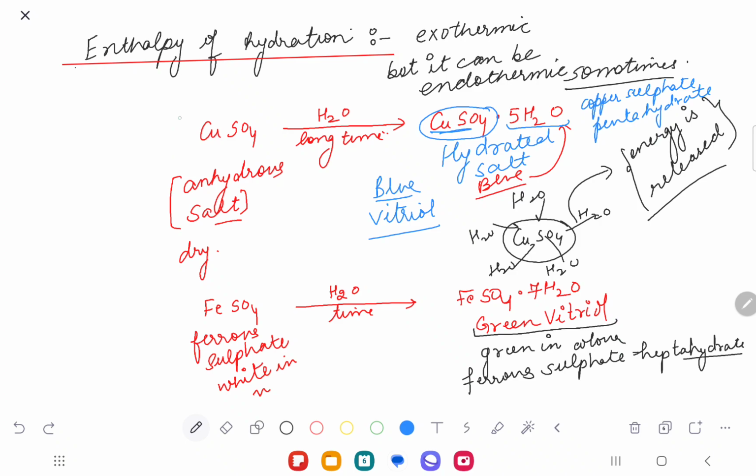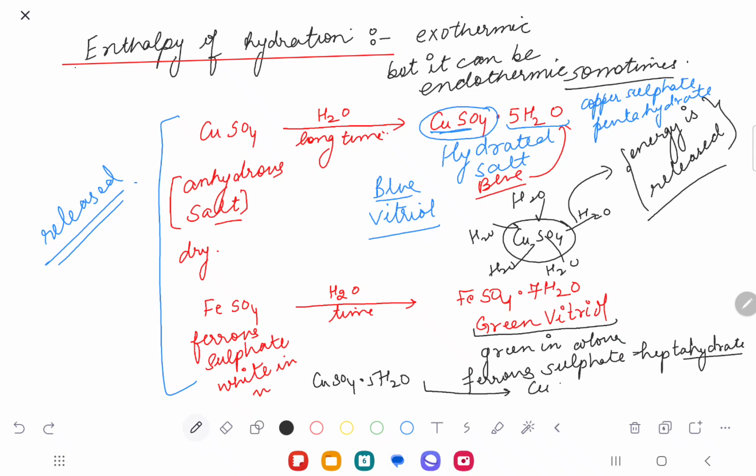So in this example, heat is actually getting released because naturally they have the tendency to bond with the water. You understand? And thereby, if you know the nature of the forward reaction, then if I write down the backward reaction, you will be able to tell me that if you're writing CuSO4·5H2O, it is converting into copper sulfate and water is getting removed.